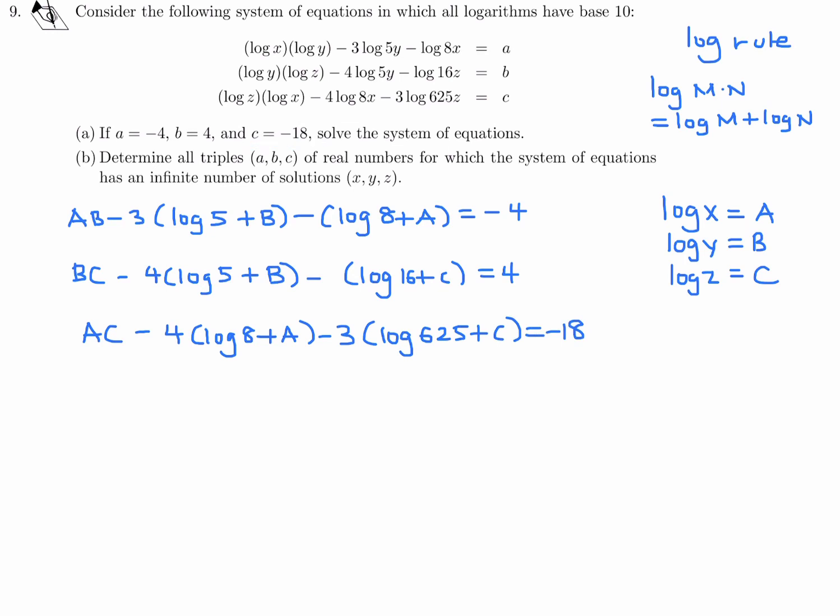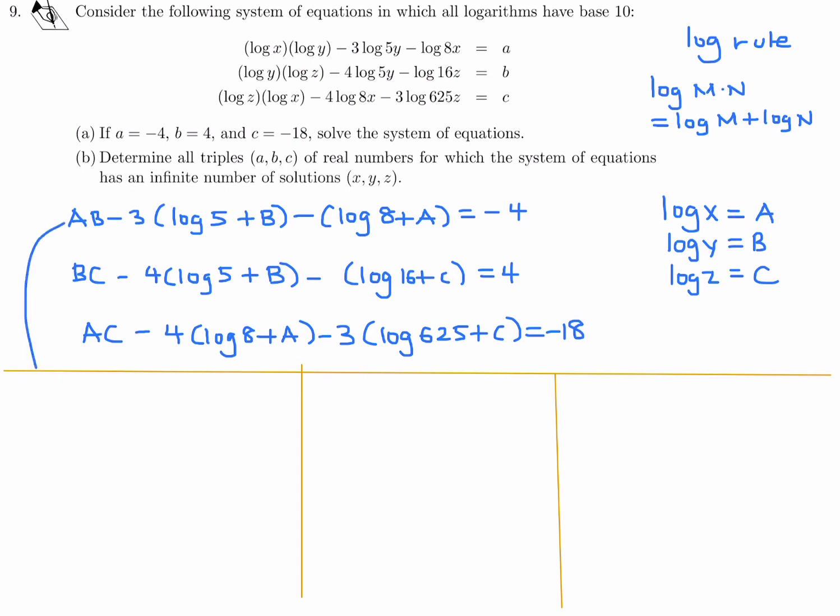All right, so now what we have to do is put everything on one side and take it from there. So let's do this one step at a time. We've got 3 of these. Each of these, my hope is that it will work out very nicely.